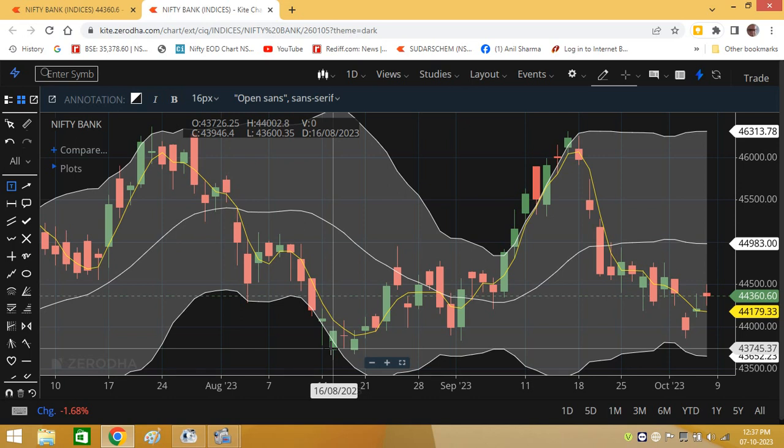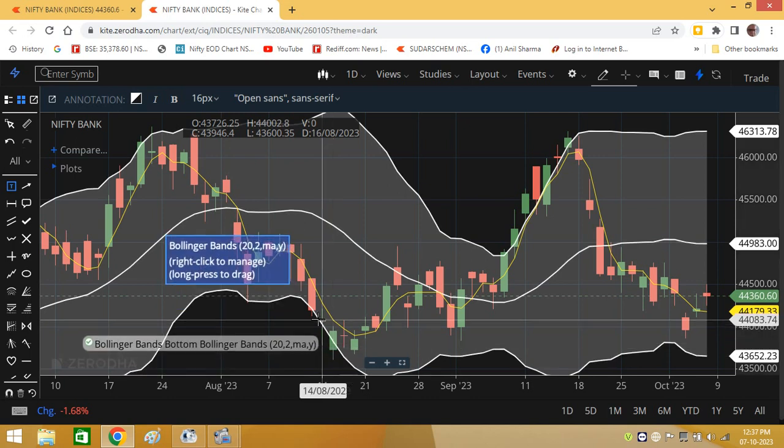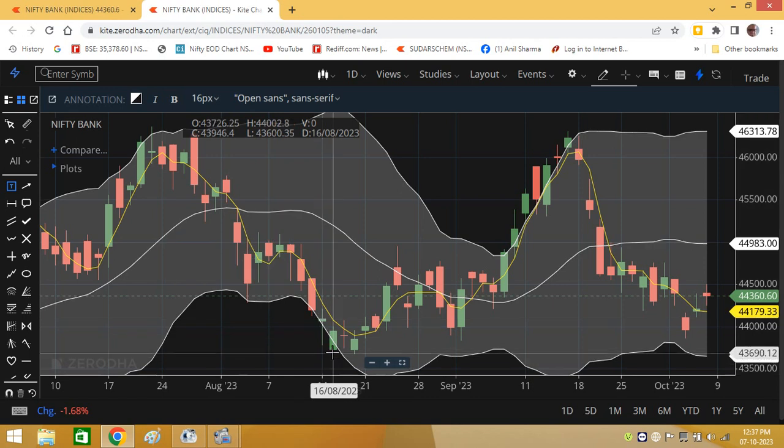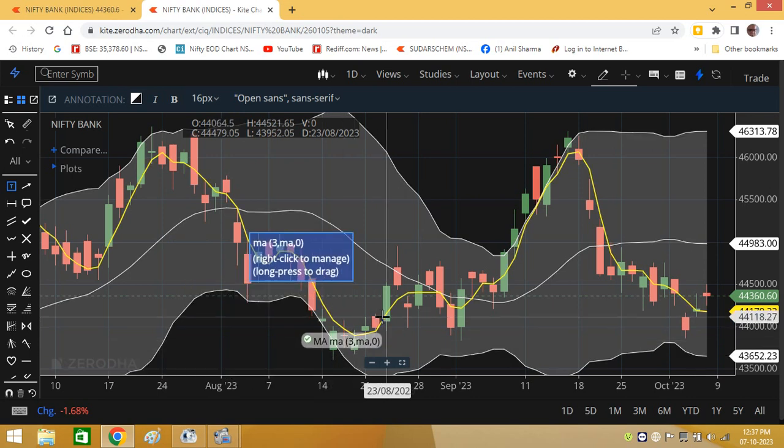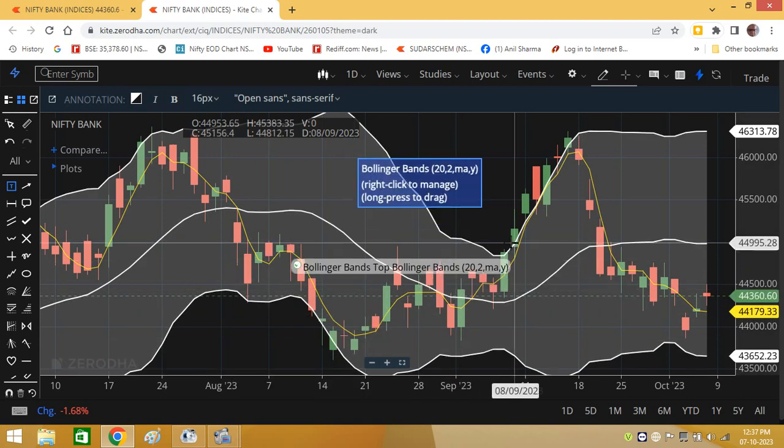When you take a call option, your stop loss will be somewhere around 44.90, right? So you can sell a put option here with a stop loss here, and then you continue to go up till you reach here.